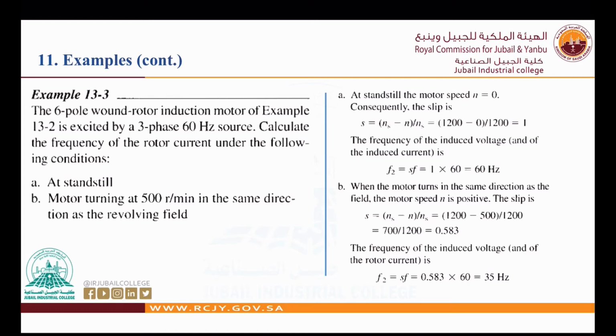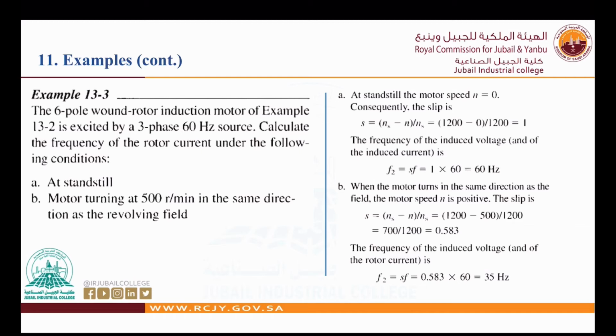Now, B: the motor turning at 500 revolutions per minute in the same direction as the revolving field. Find the slip in this condition.